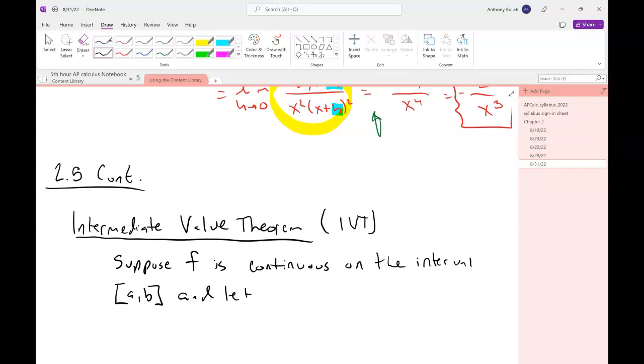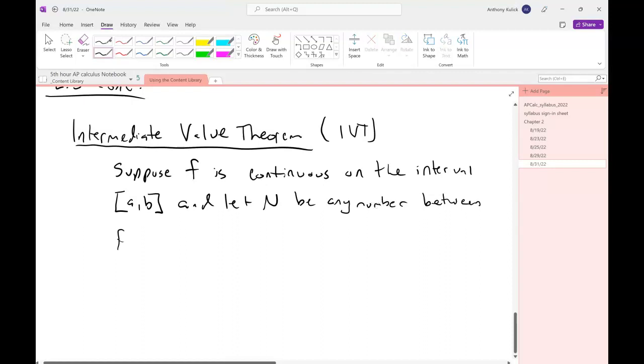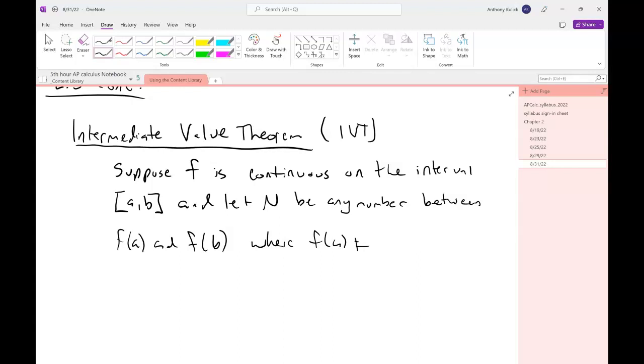And let n be any number between f of a and f of b, where those two values are not equal.